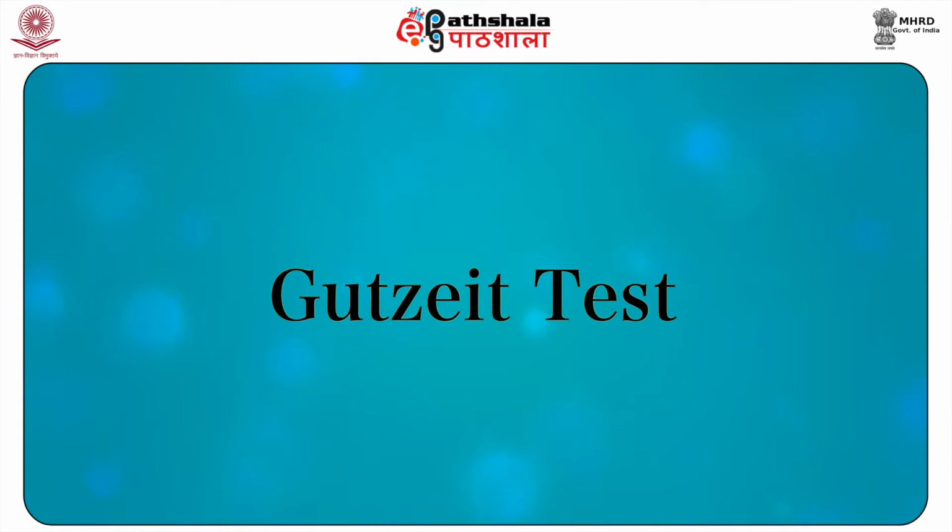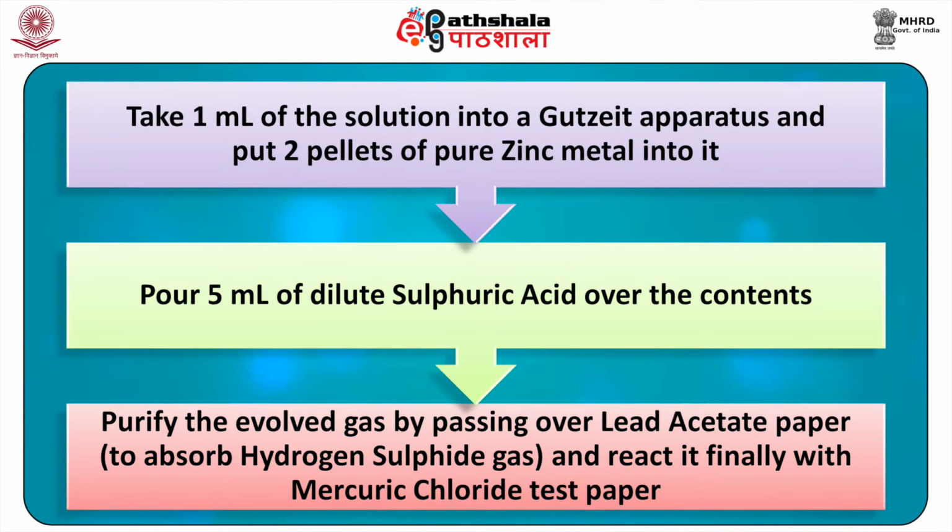Next in line is the Gutzeit test. The solution obtained from the wet digestion process is tested by this method. 1 ml of the solution is taken into a Gutzeit apparatus, 2 pellets of pure zinc metal are put into it, and 5 ml of dilute sulfuric acid is poured over the contents.